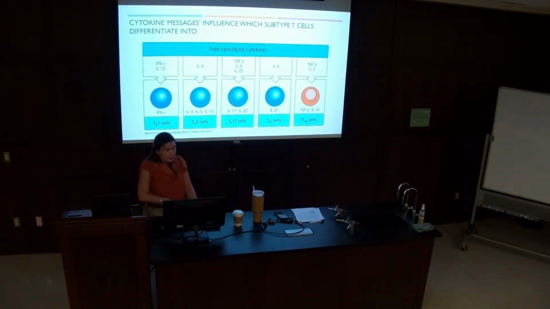And once again, cytokine messages influence which subtype of T cells the T cells are differentiating into. So that's how some of these are fate specifying. If you have an IL-4 cytokine being produced, and these other cytokines, these are all associated with Th2 cells. So in my research right now, I'm looking at the effect of amoxicillin on the immune system.